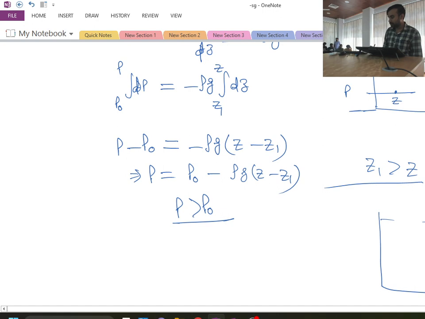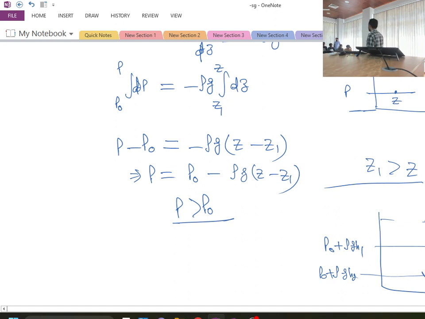If you go below to some depth H1, your pressure will be P naught plus rho g H1. If you go to some other depth, say H2, it will be P naught plus rho g H2. So here pressure at different elevations is actually different. So can we call this system in equilibrium?